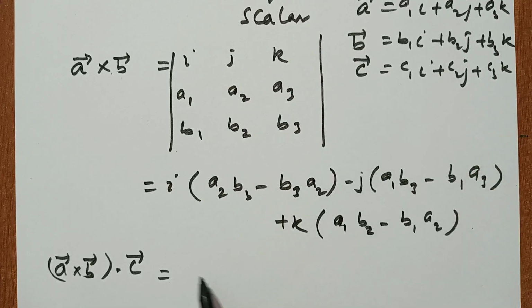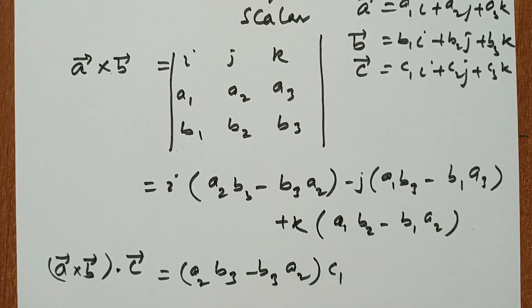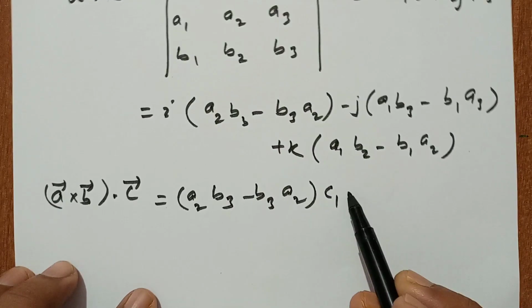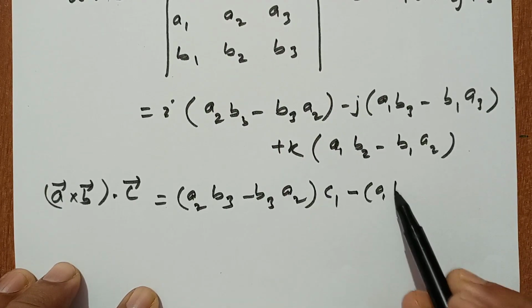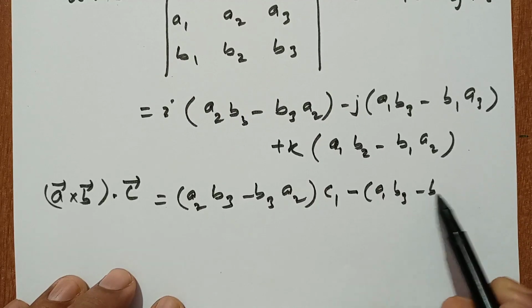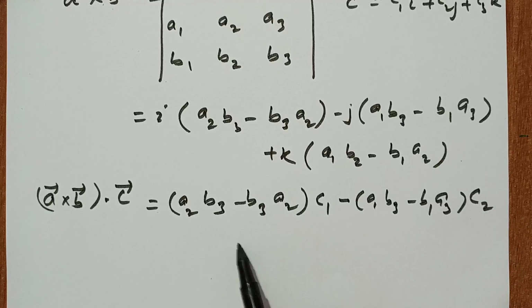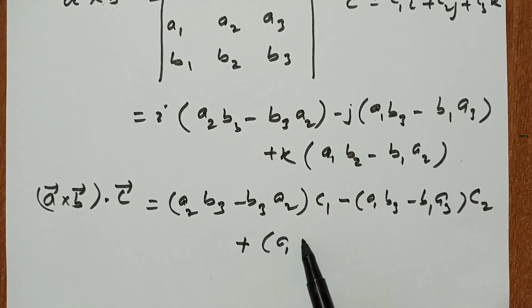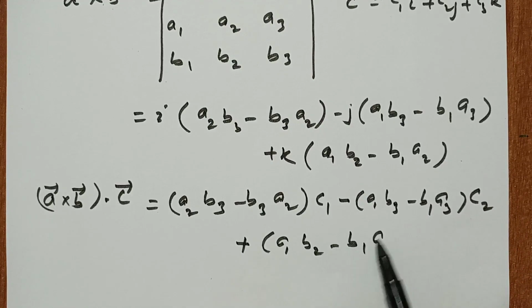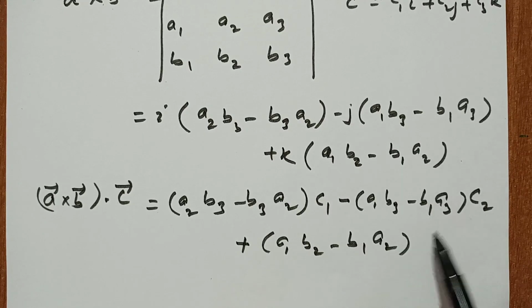So this is (A2B3 minus B2A3) into C1, minus (A1B3 minus B1A3) C2, plus (A1B2 minus B1A2) C3.